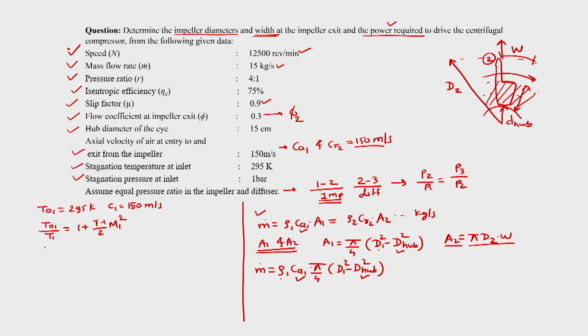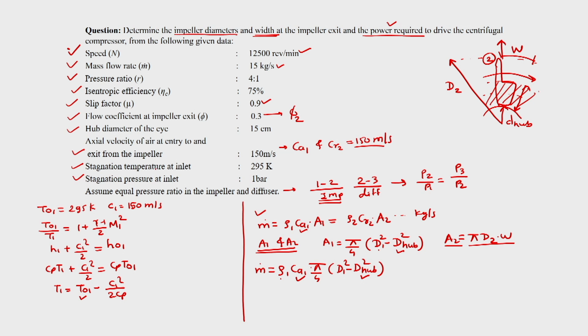But instead of that, we can also use, at this inlet, H1 plus C1 square by 2 equal to H01, where H1 is Cp T1 plus C1 square by 2 equal to Cp T01. So T1 is equal to T01 minus C1 square upon twice Cp.